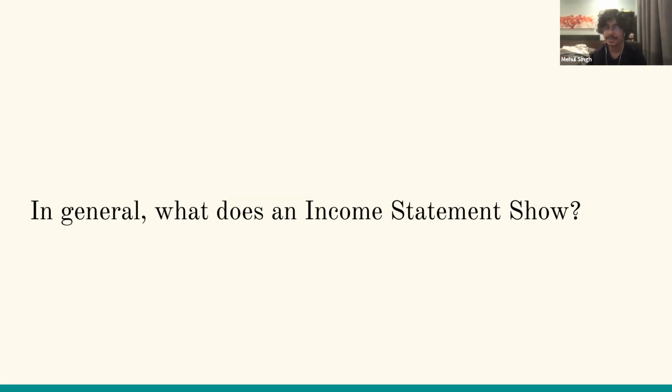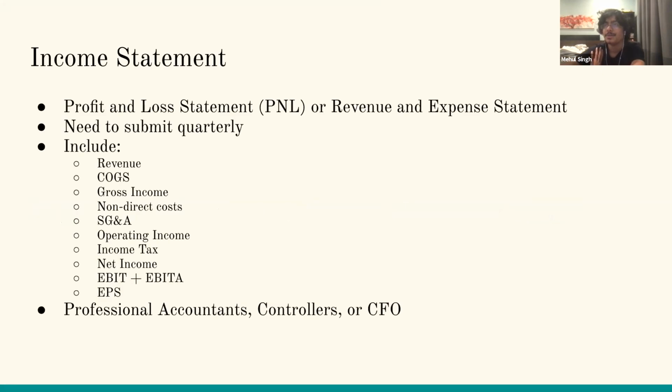It's basically a statement that shows sales, profits, gross income, etc. A company just has to submit it every quarter, every 3 to 12 months. The income statement is also referred to as the profit and loss statement, or revenue and expense statement.